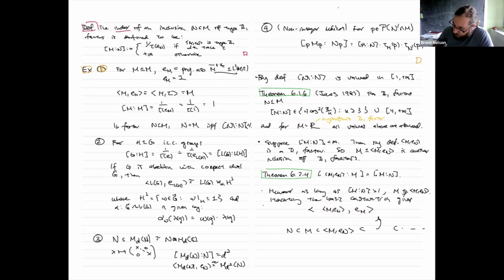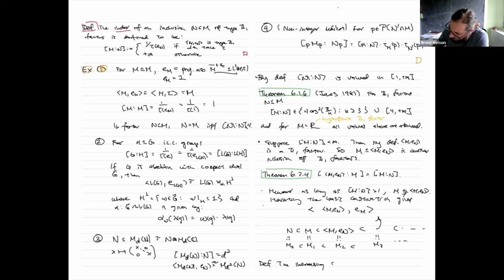Just so that the notation doesn't get so onerous, let's relabel these. I'll call this one M0, this one M1, this one M2, M3, and so on. So first of all, this increasing sequence of algebras is called the Jones tower for the inclusion.